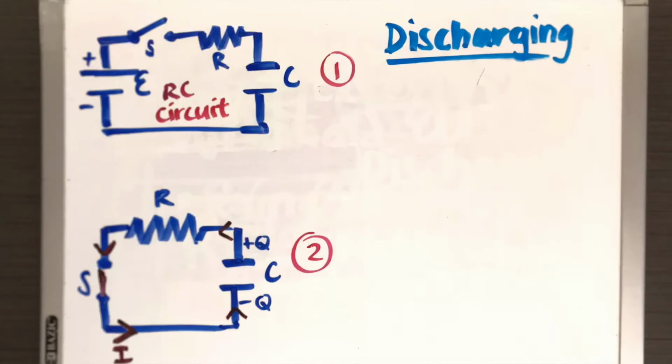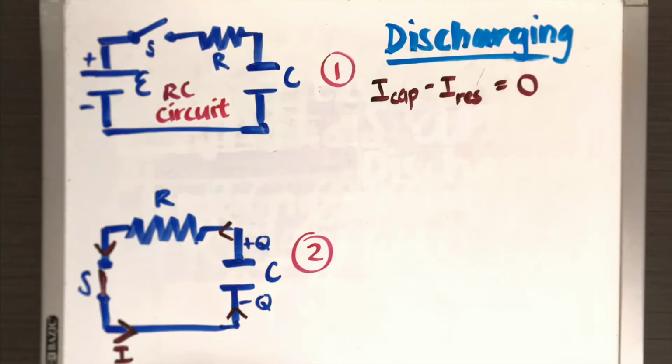Discharging a capacitor. Let's figure out how discharging works. From Kirchhoff's loop rule, we know that the current has to equal the same from the capacitor to the resistor. Writing this down as an equation, we get current through the capacitor minus current through the resistor equals 0.